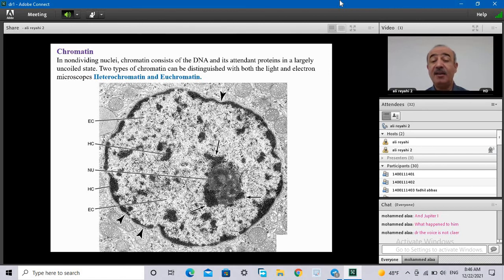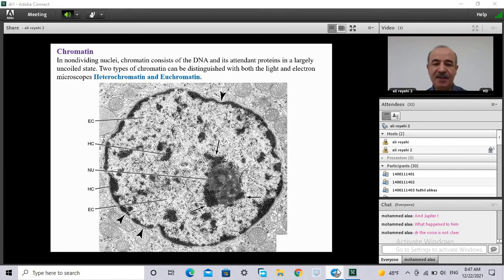In non-dividing cells, we can see the chromatin within the nucleus. But when the somatic cells, for example, become ready for division, the chromatin compacts and forms the chromosome. So the chromosome is compact DNA or compact chromatin.